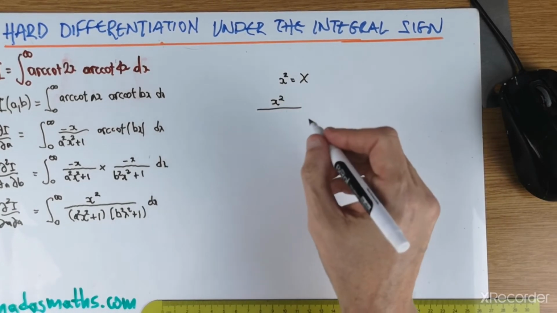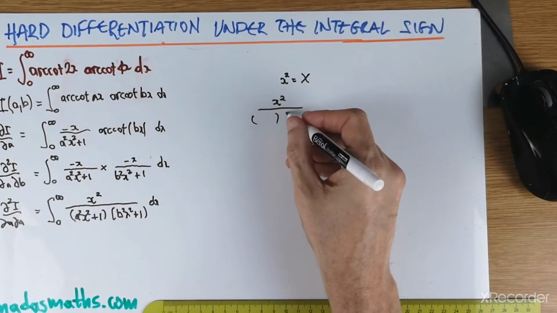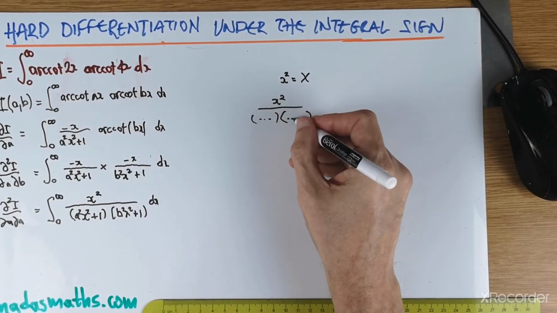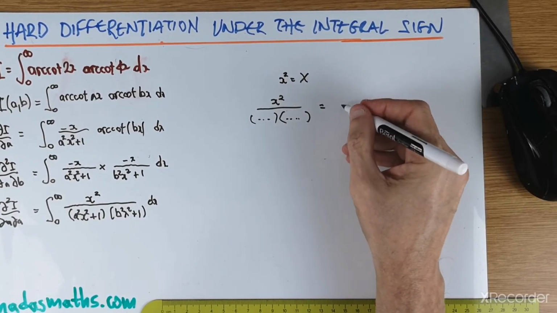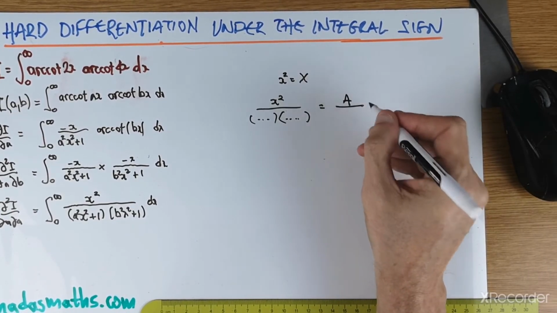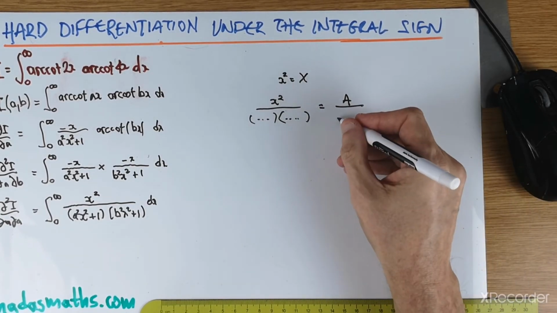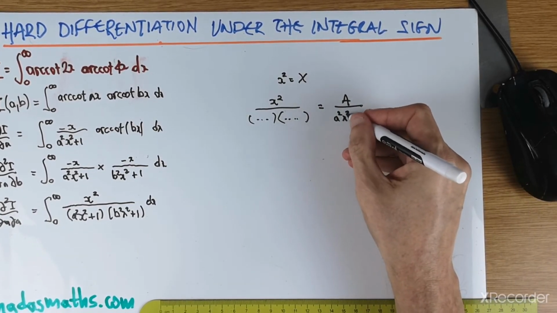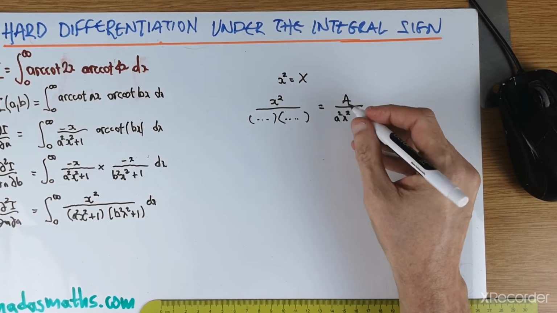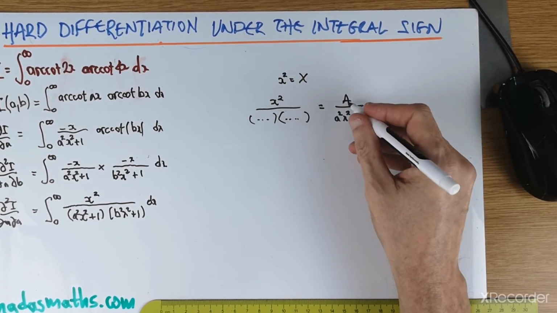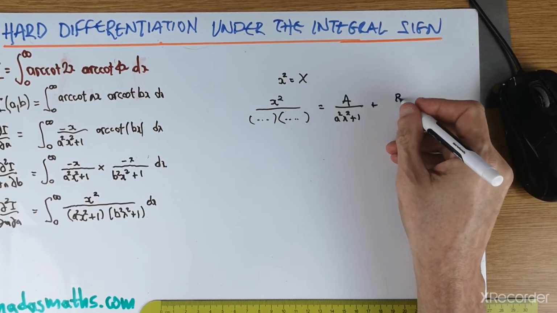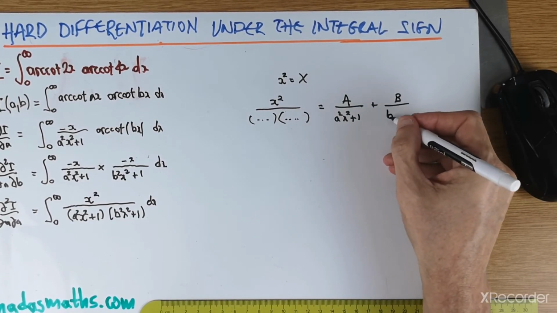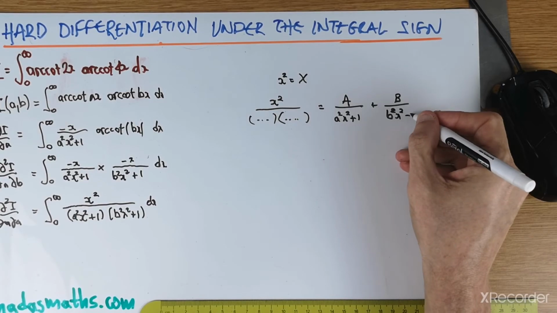So x squared over these two brackets, which I'm not going to write, is equal to some constant, let's say capital A, over a squared x squared plus 1, this is not a function of like ax plus b, it's just a constant, plus capital B over b squared x squared plus 1.